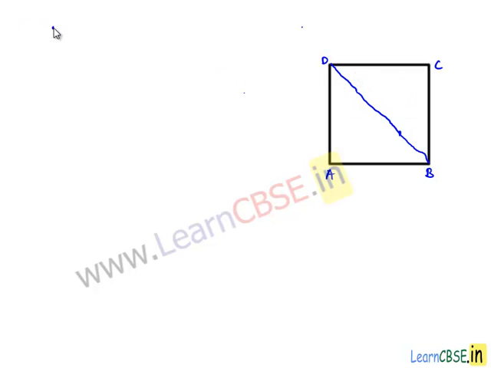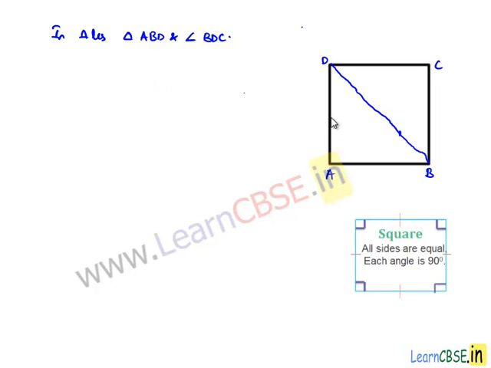So in order to prove that, let us consider both the triangles, that is triangle ABD and triangle BDC. In both triangles, as we have proved that ABCD is a square, AD will be equal to BC and also AB is equal to CD.